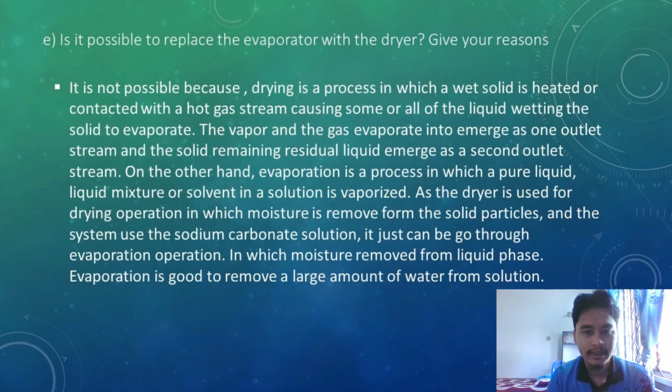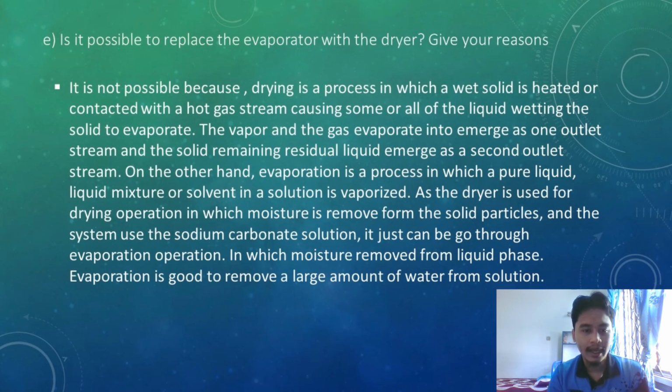The question asks whether it is possible to replace the evaporator with a dryer, and to give your reason. I think it is not possible because drying is a process in which a wet solid is heated or contacted with a hot gas stream, causing some or all of the liquid wetting the solid to evaporate, and the vapor and the gas emerge as one outlet stream, and the solid with remaining residual liquid emerges as a second outlet stream.